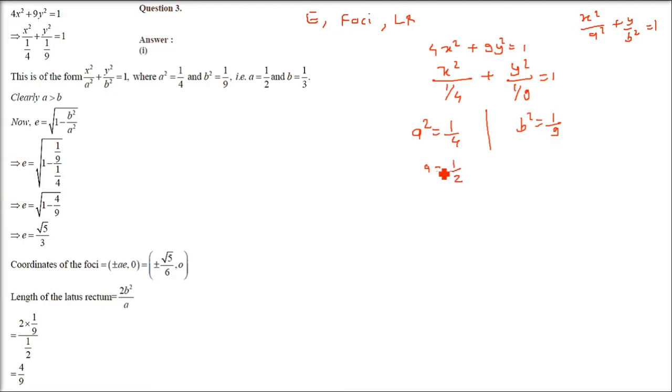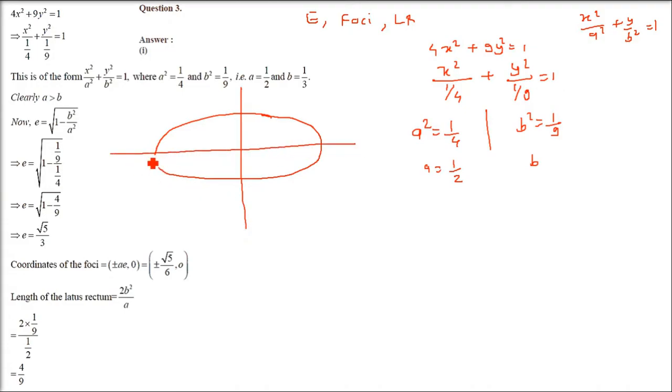Now a is 1 by 2, b is 1 by 3. Please remember, these are distances, so we only take the positive sign, no negative signs here. This is your ellipse, this is 2a, this is 2b. Always take positive here.